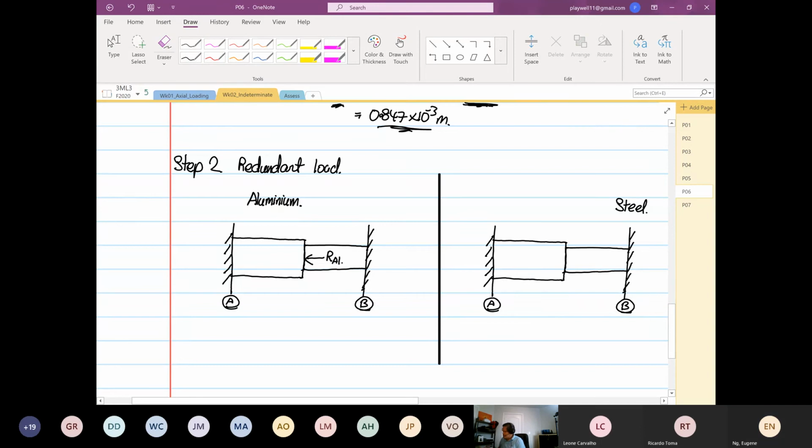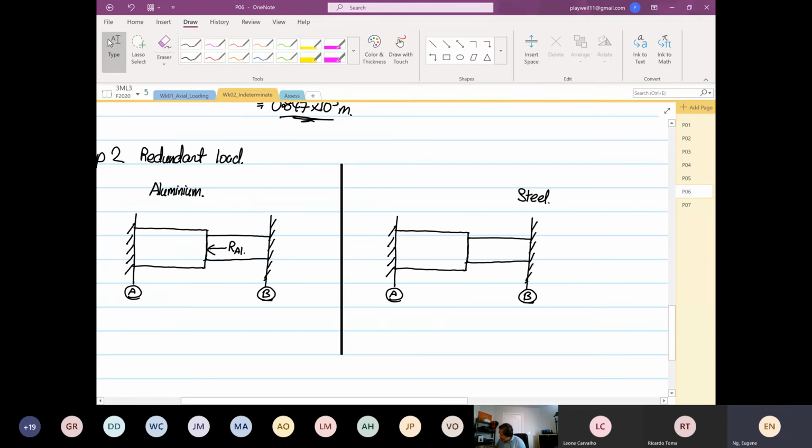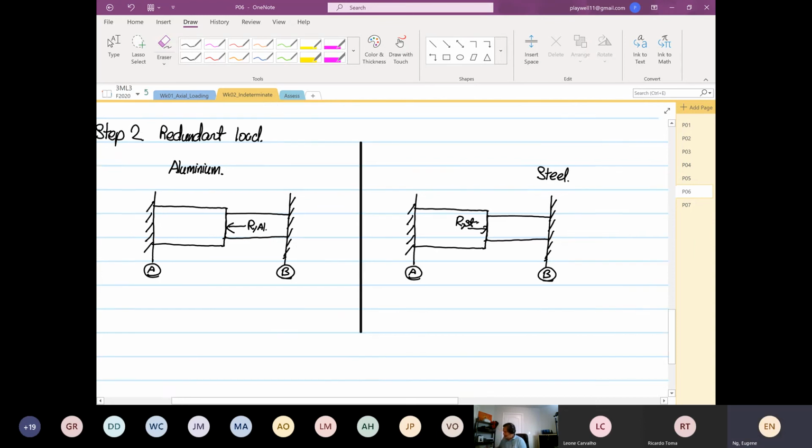When it touches the steel, you have a reaction, and this will push the aluminum into compression. If we look at the steel, same thing. So what is the redundant load for the steel?